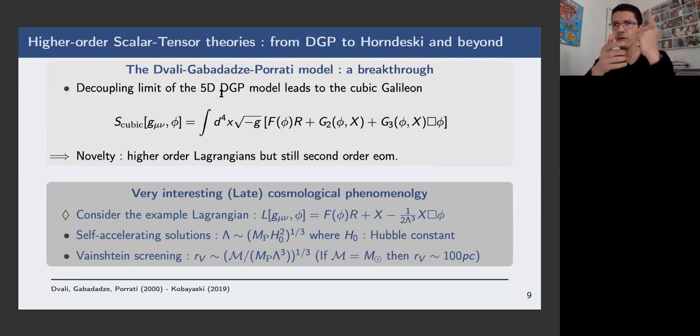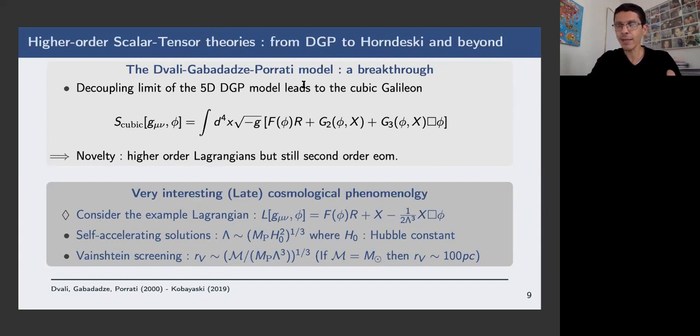And there is one novelty that was quite important: you recognize the K-essence theories, but then you have a new term, which was called later the cubic Galileon, and you start adding directly in the action higher order derivatives of the scalar field.